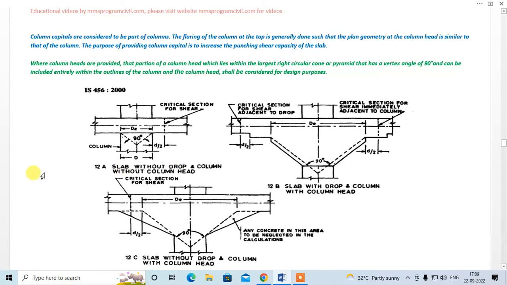Okay, so code says you may provide any shape of your capital. Okay, but this 90-degree vertex angle, the area within this is only to be considered for the design. Okay, so the area inside this dotted line will only be considered in design. The area outside this dotted line will not be taken in design. Okay, that is what the code says.